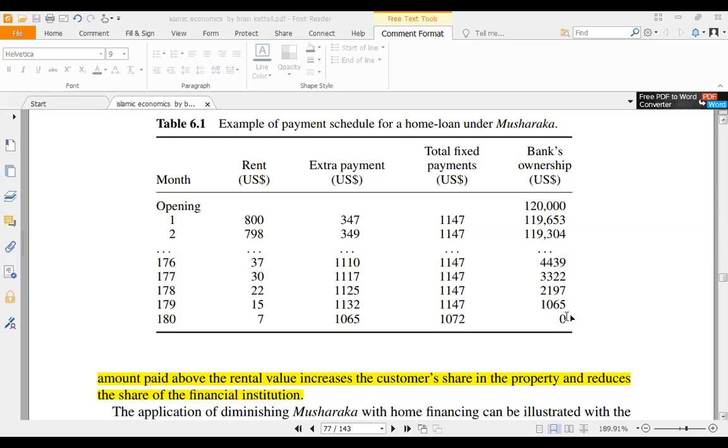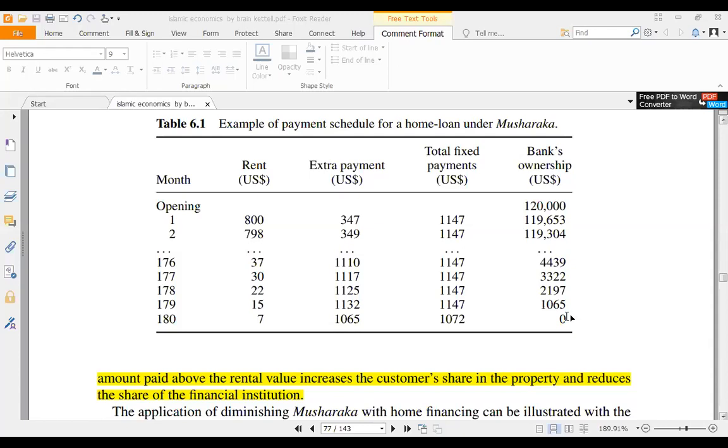In this way of partnership, the customer is financed by the bank in an Islamic way that is totally interest free, that is not interest based. Here, one thing is very important in case of late payment. For example, in any month, the customer is late for payment. He could not pay timely. In this case, if the customer has some excuse, then the bank will be lenient about the payment.